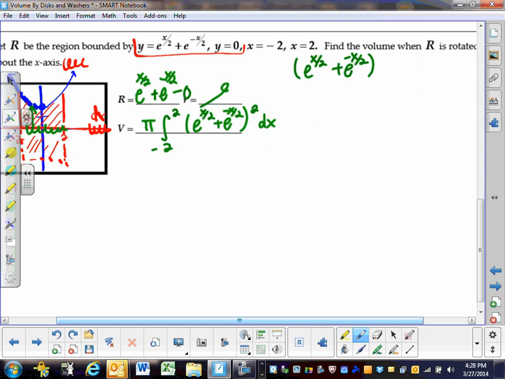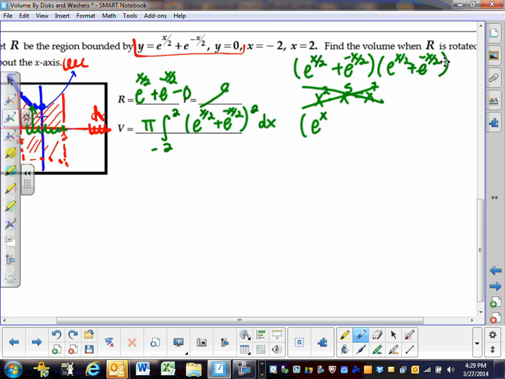Now, what we have to be careful about is how we FOIL this, and it does absolutely have to be FOILed. So I would write that off on the side. And remember, when we multiply two things together, we add the exponents. So I don't really want that graded, but I could remind myself that that's how it works. So when I multiply e to the x over 2 times e to the x over 2, I'm going to add my exponents. So half of x plus a half of x is 1x. When I multiply e to the x over 2 and e to the negative x over 2, I'm going to add my exponents.